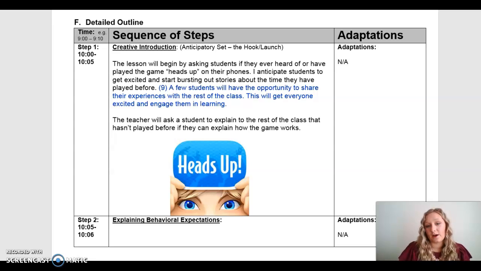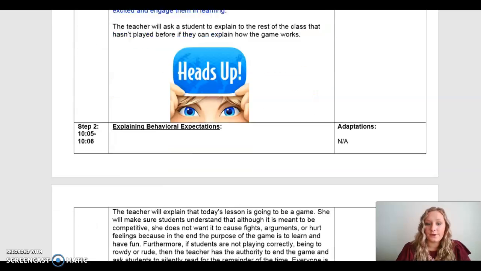It gets them excited about what they're going to learn. This is something I've seen in lessons and I've done myself, where you have that connection with students, like, oh yeah, I've done that at home, and they get really excited and geared up for what that lesson's going to be for the day. So it's really engaging them in that learning process.